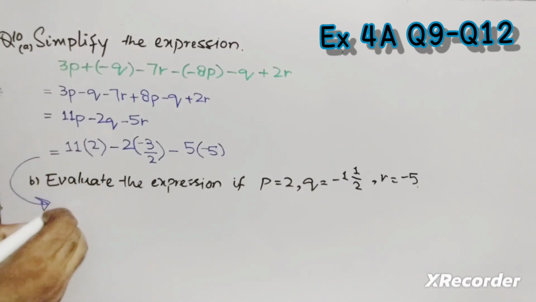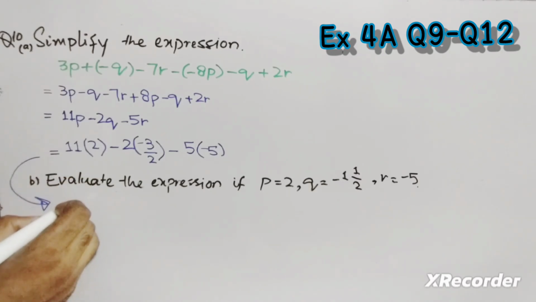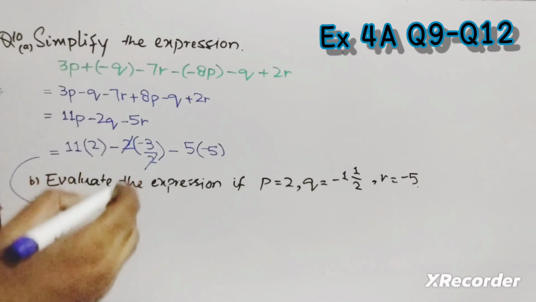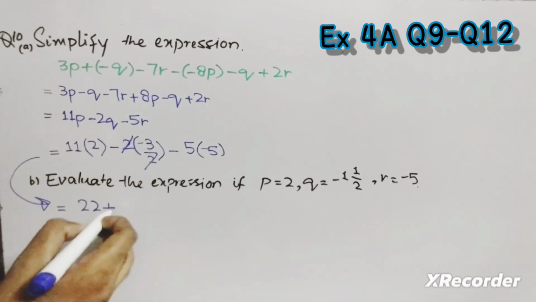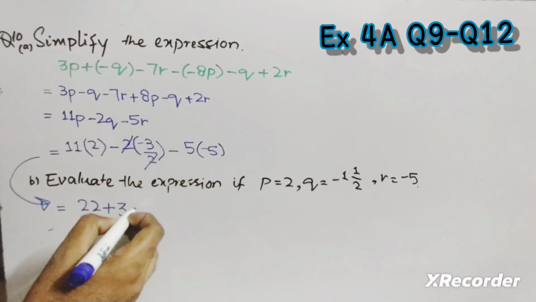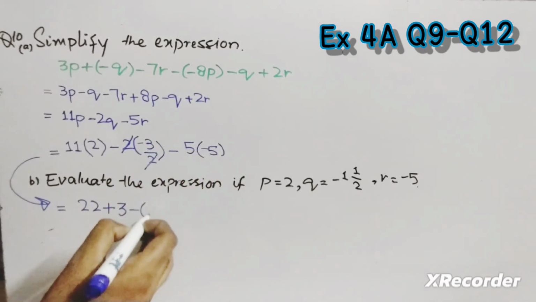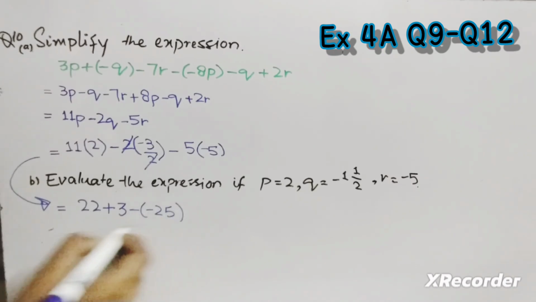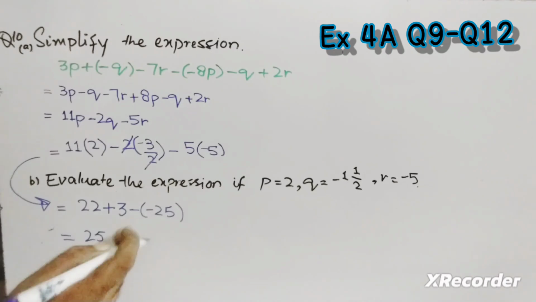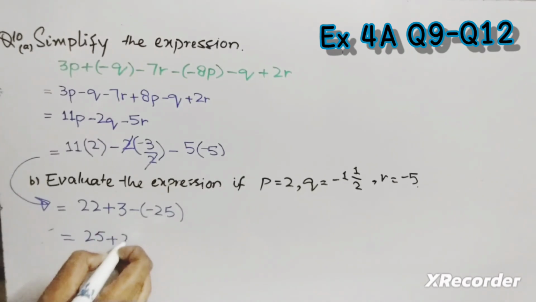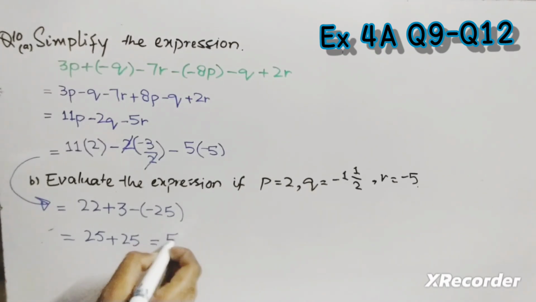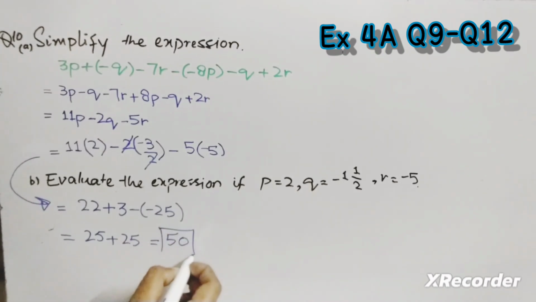Now 2 times 11 is 22. We can cancel the two negatives, minus minus plus 3. Minus 5 times minus 5 is plus 25. 22 add 3 becomes 25. Minus minus plus 25. 25 plus 25 is 50. That is our required answer.